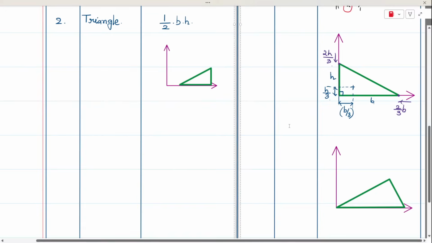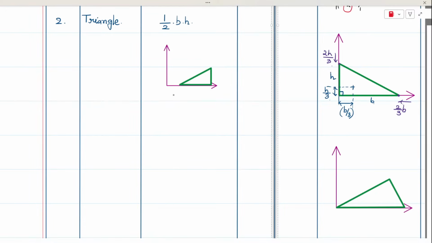Its apex is not coinciding with the origin. If that is the case, then you should be considering the distance x.